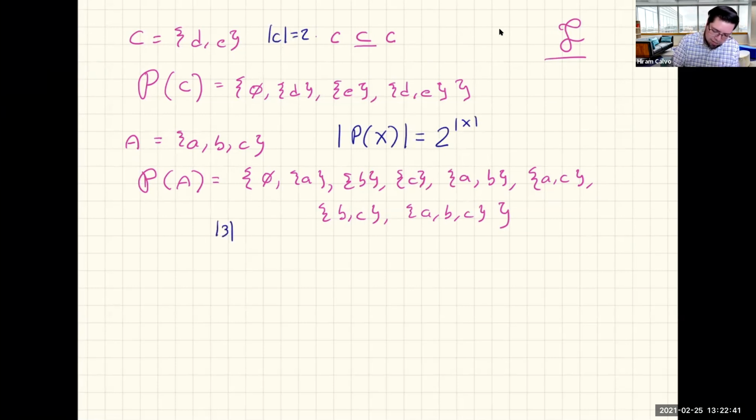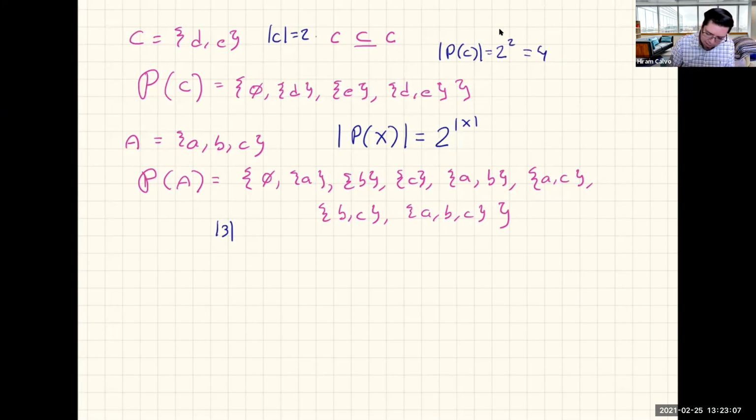For this one, the cardinality of the power set of C should be 2 to the power of 2, and this is 4, which is consistent with what we obtained here. Again, this is not a demonstration by any means, but just an application of this formula.